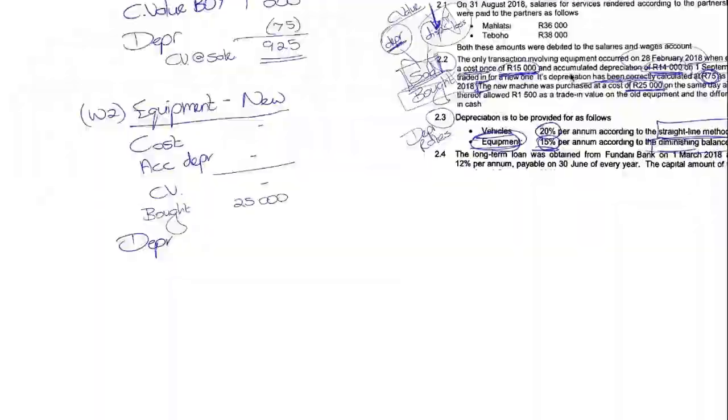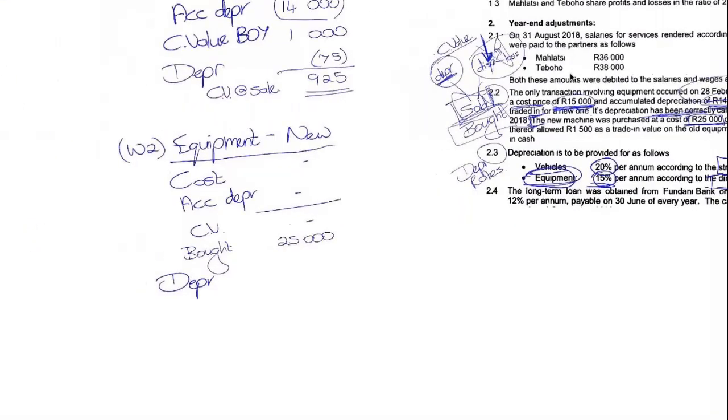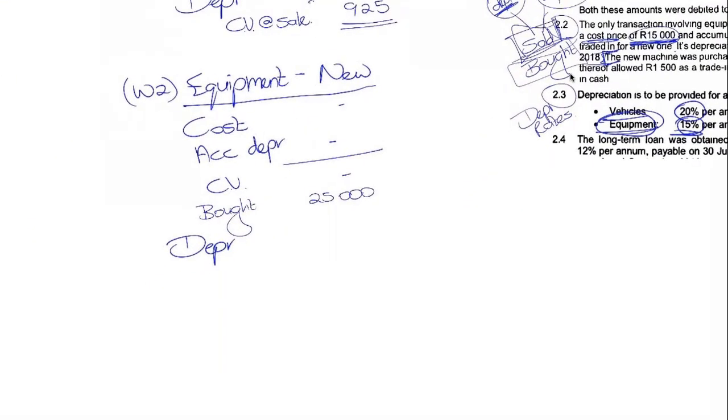Okay, so they generally like to give you one of each so that they can examine whether or not you know what you're doing. So 15% diminishing balance. I always write that on my question or on my workings because I also want to make sure that I keep track of that.